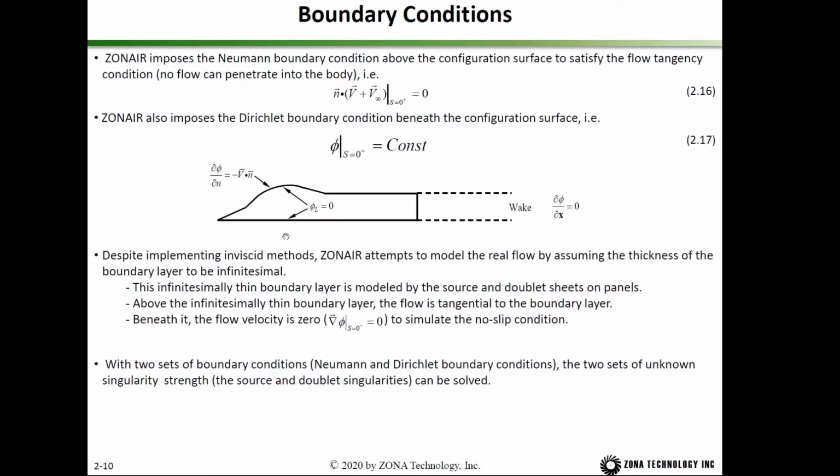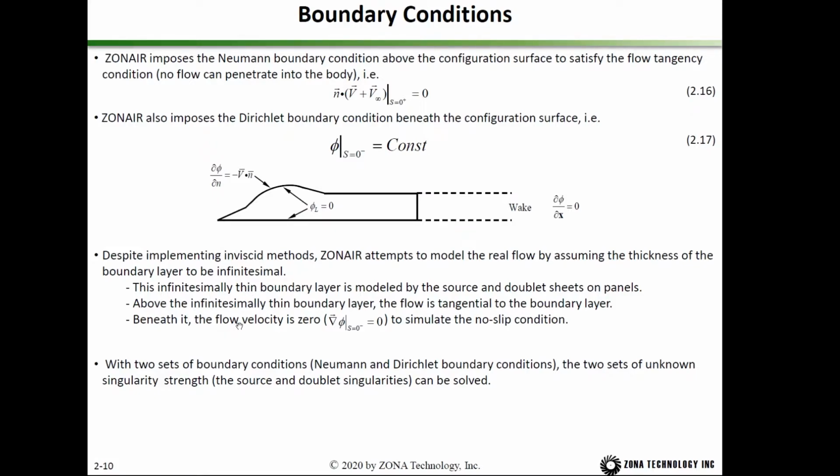And despite implementing inviscid methods, ZONAIR attempts to model the real flow by assuming the thickness of the boundary layer to be infinitesimal. This infinitesimally thin boundary layer is modeled by a source and doublet sheet on the panel. Above this thin boundary layer, the flow is tangential to the boundary layer.